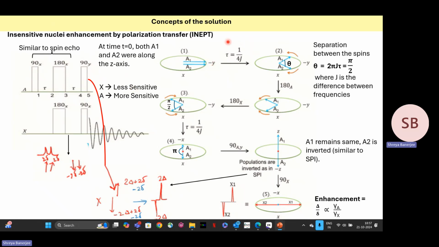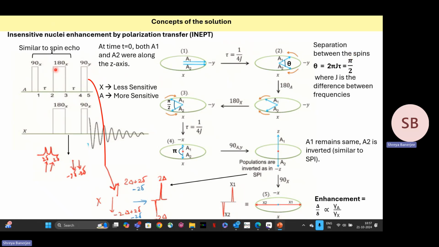Then a certain time tau, which is equal to 1 by 4J, is given in order to allow A1 and A2 to move by an angle of theta. So this theta will be equal to 2 pi J into tau, and we keep this as 90 degrees. So we set the time tau in such a way that the angle between A1 and A2 becomes 90 degrees.